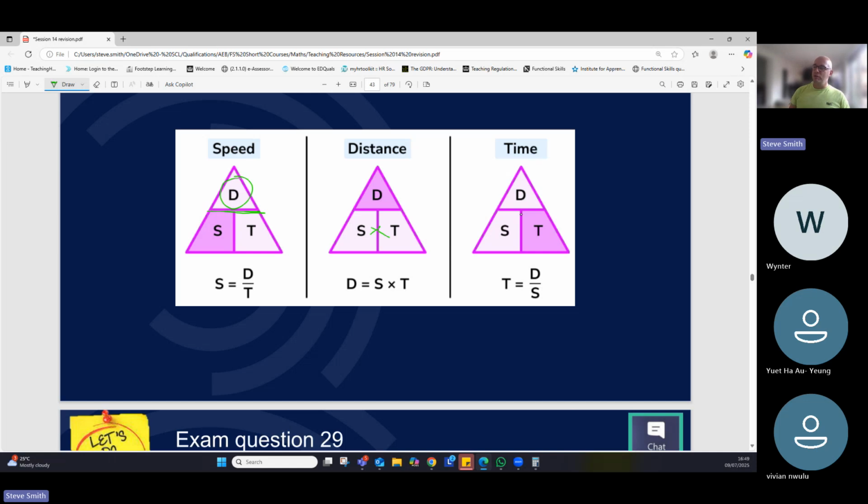It doesn't matter which way around the S and the T go, because to multiply them together you get D, and to divide D by one of them, you get the other. So those two letters are not in any particular order, except alphabetical order, for no reason other than that.